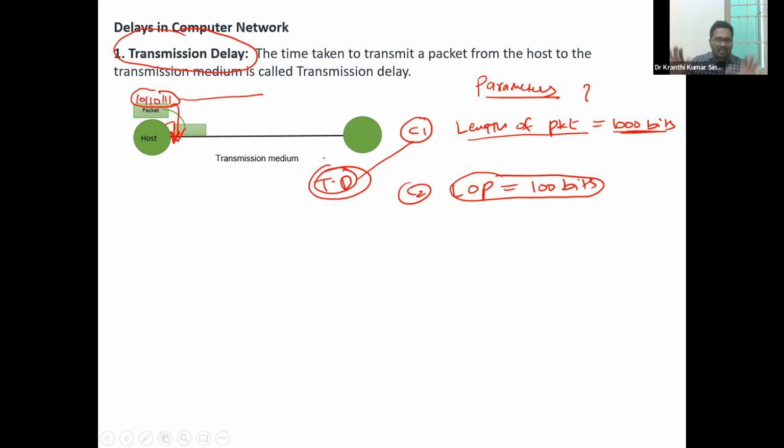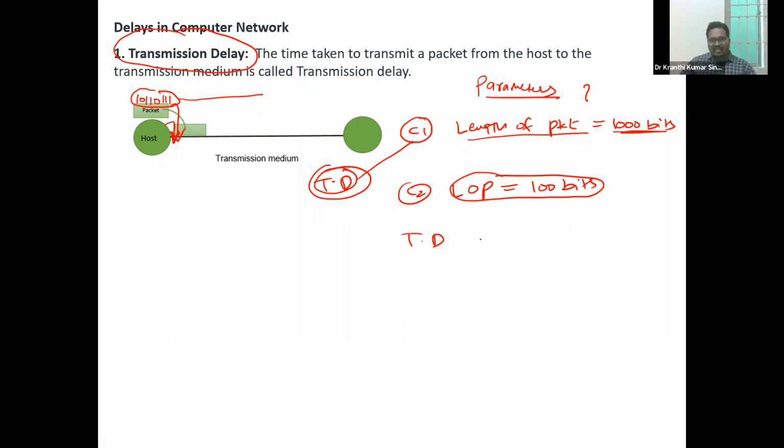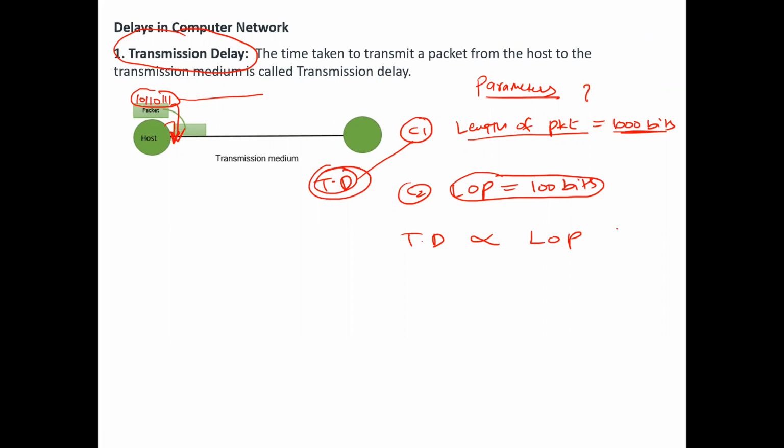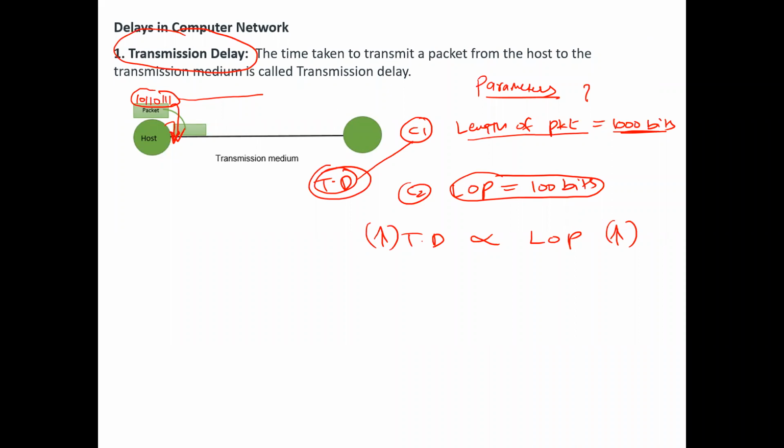Do you agree with me or not? Can I say that transmission delay is directly proportional to the length of the packet? If length increases, delay increases. Yes or no? I'm expecting answers. Please be interactive.